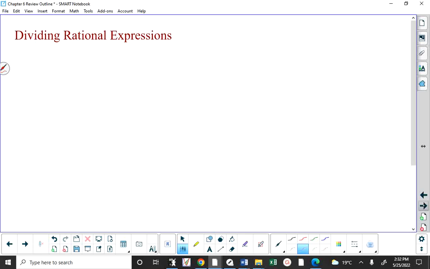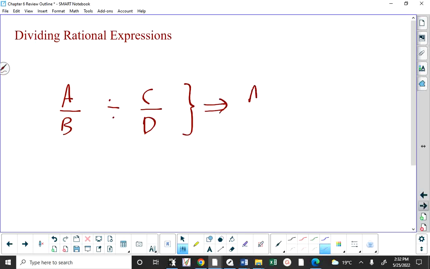What's the only difference for dividing? Miles. Yeah. You flip any rational expressions you're dividing by. So if I have A over B divided by C over D, how do you solve this? You turn this question into A over B times D over C. And how do you solve that?